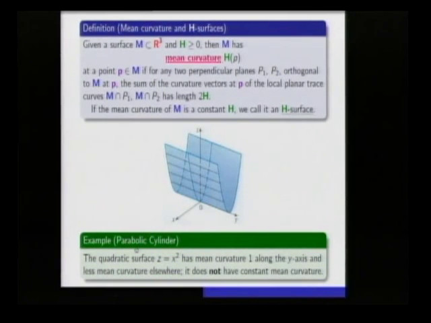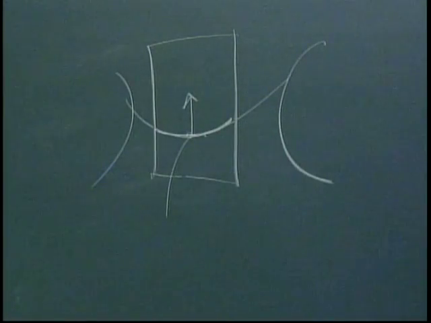So if you have a surface and you look at the mean curvature at a point, we actually like to think of the mean curvature vector. If you don't have the surface oriented in space, if you don't pick a normal vector field, you could still try to make sense of the mean curvature. And that's a way to do it. You could just take 2 orthogonal planes and look at the curvature of the corresponding normal curves that are in those 2 planes.